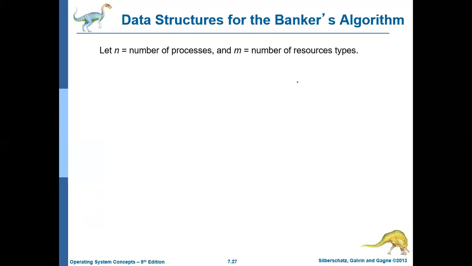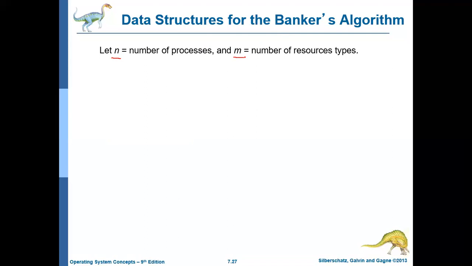Now let us see the data structures that are used in Banker's algorithm. Mainly, Banker's algorithm uses certain vectors and matrices. Let us try to understand what those are. In whatever we are going to discuss here, n represents the number of processes, and m represents the number of resource types.